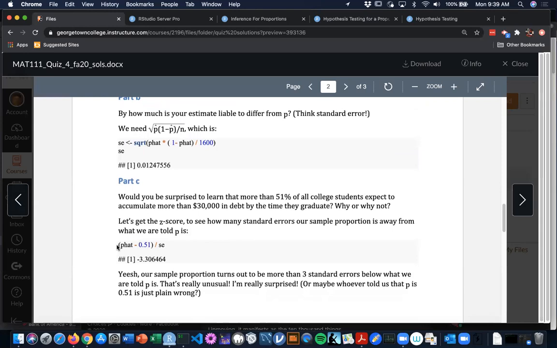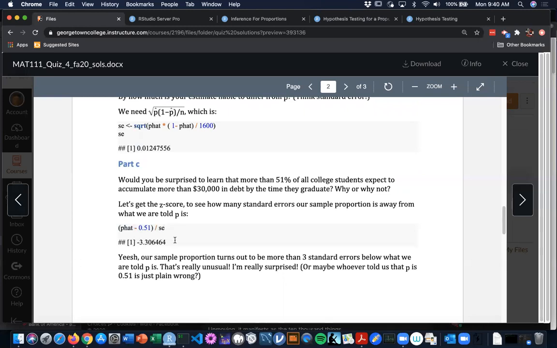A z-score is the p-hat that we get minus the p of 0.51, over the standard error. Find out how many standard errors our sample proportion is away from this alleged population proportion of 0.51.